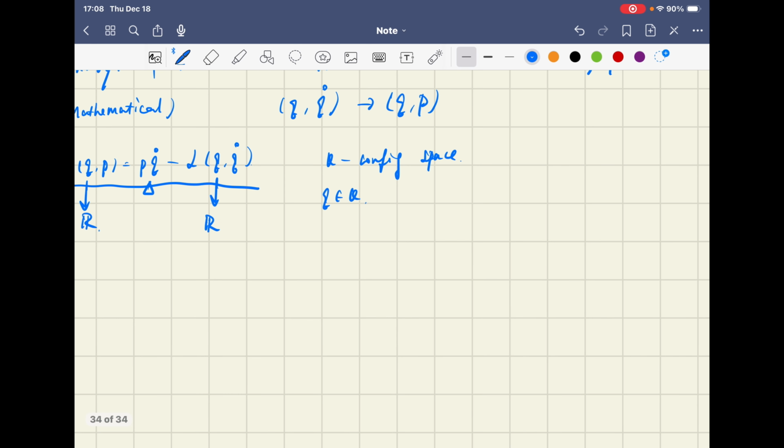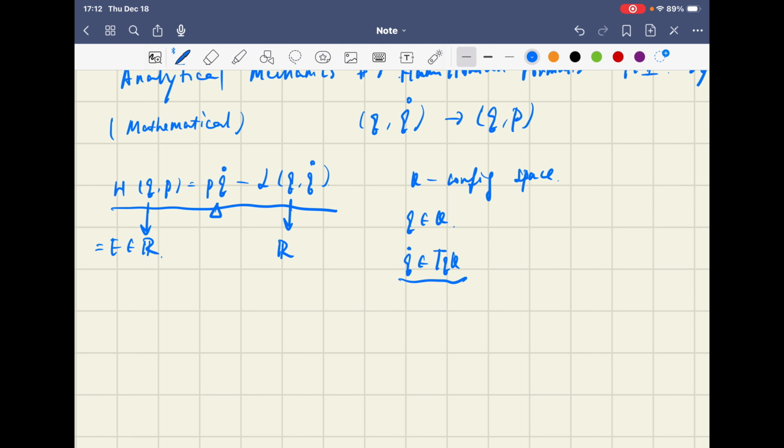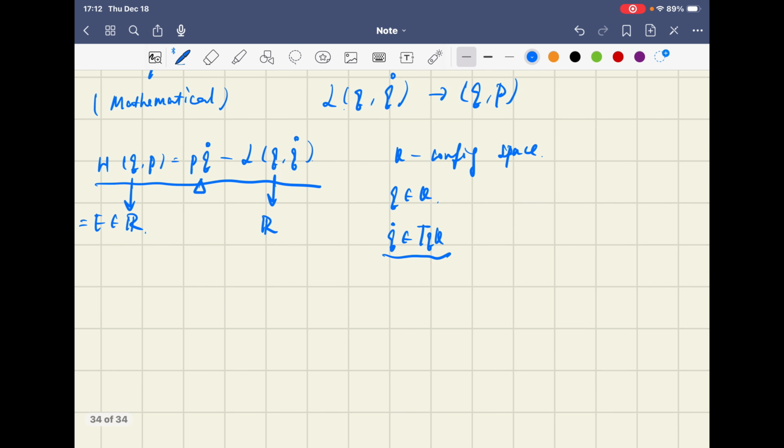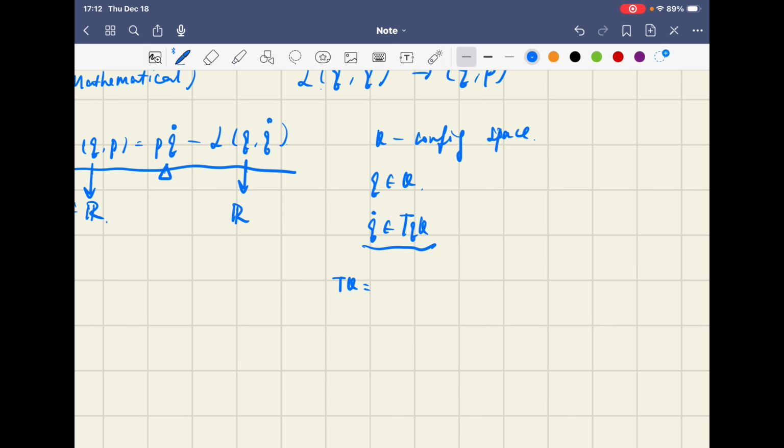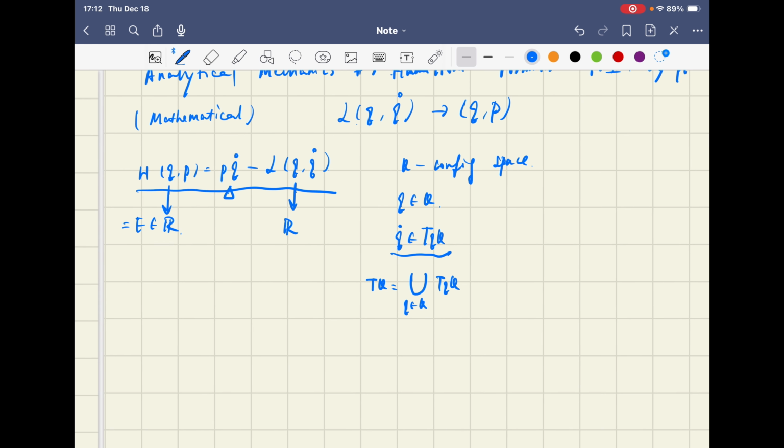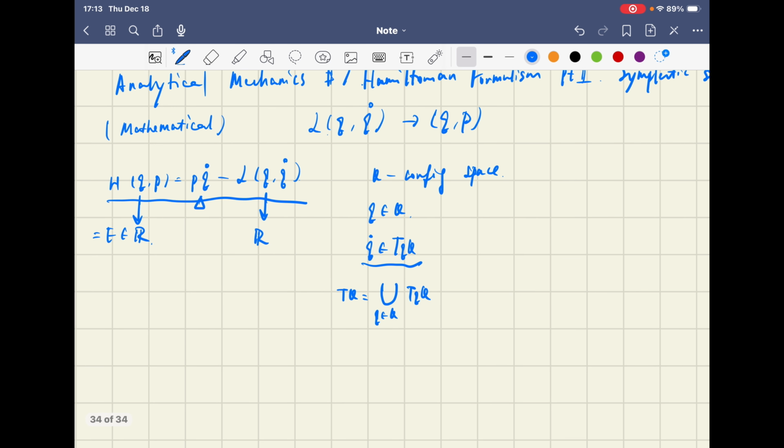And of course, q dot will belong to the tangent space at point q, and we denote it as T_q Q. Since the Lagrangian function's independent variables are q and q dot, and q belongs to the configuration space and q dot belongs to the tangent space of configuration space, actually the Lagrangian function works in the tangent bundle, which is denoted as TQ, which stands for all q in the configuration space and T_q Q. This is called the tangent bundle of the configuration space. So that's where L works in.